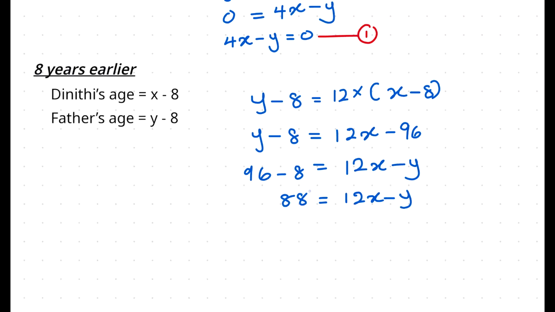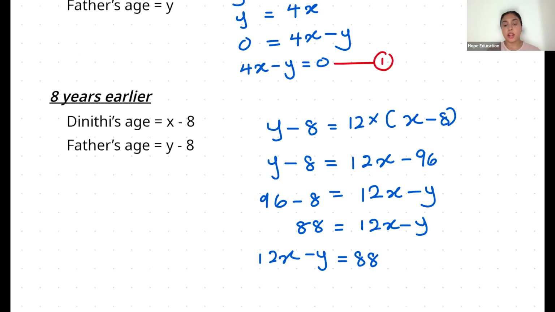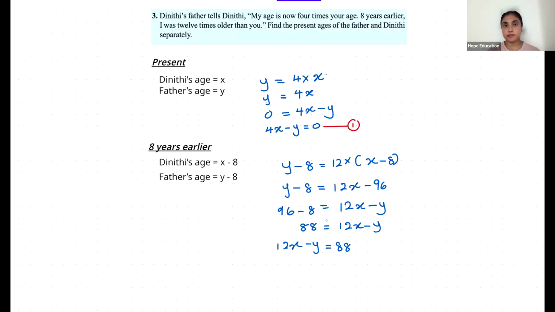I change the sides. So that would be 12x minus y equals 88. The 12 times 8, 96. Up to that point, do you all have any questions? Or is everything clear? Others?